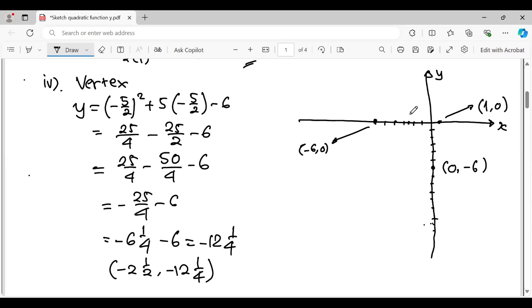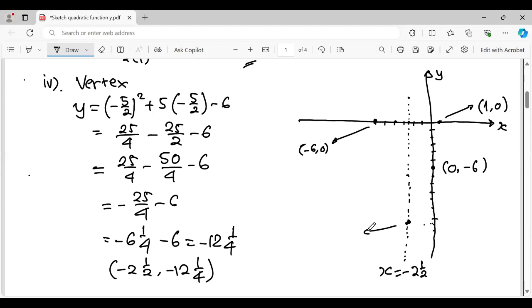So I'm going to create the symmetry. This is the symmetry. I forgot to sketch. This is the symmetry. You have to create the symmetry. Okay. This is the symmetry x equals minus 5 half and the vertex here.